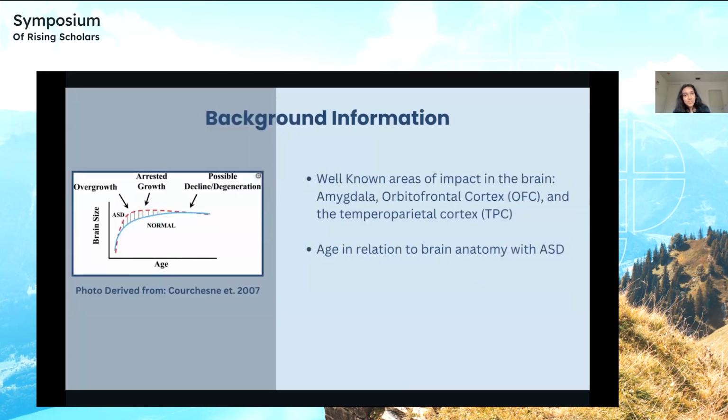In order to further dive deeper into ASD, it was important to understand the already known information, such as locations where physical makeup is known to be affected and how age plays a role in the anatomy of the brain. There are three main areas that are well known for overgrowth and being disordered in ASD, which are the amygdala, the orbital frontal cortex, or the OFC, and the temporal parietal cortex, or the TPC.